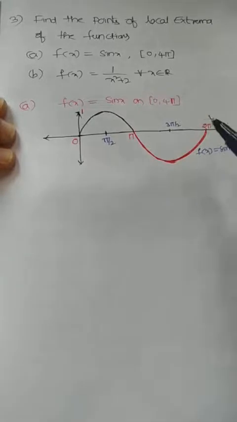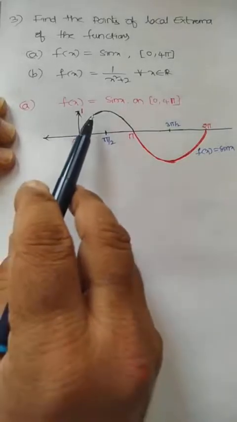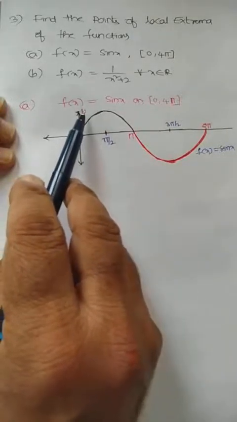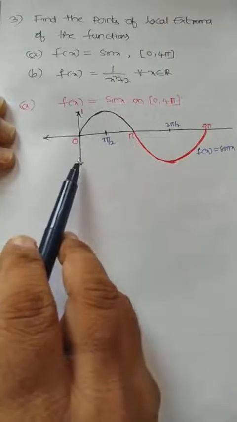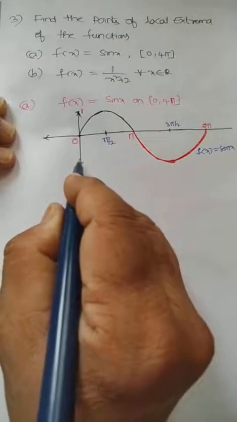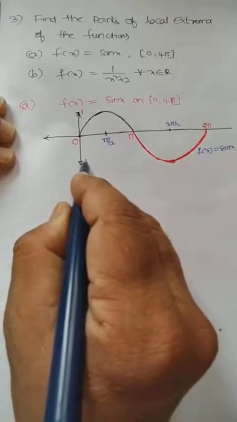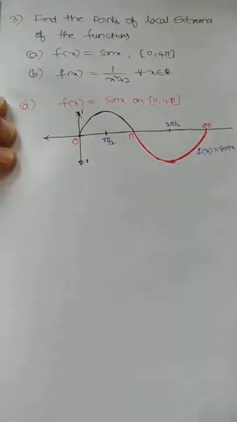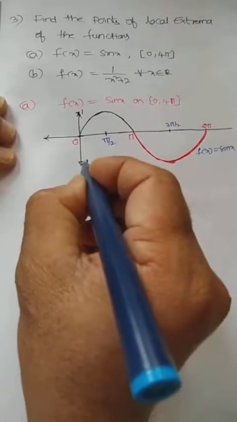Now observe this interval. On this interval it attains the maximum value 1 here, and the minimum value minus 1.